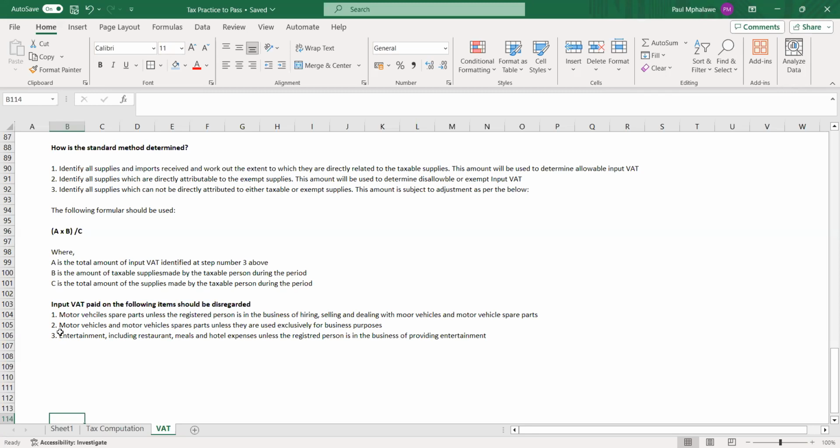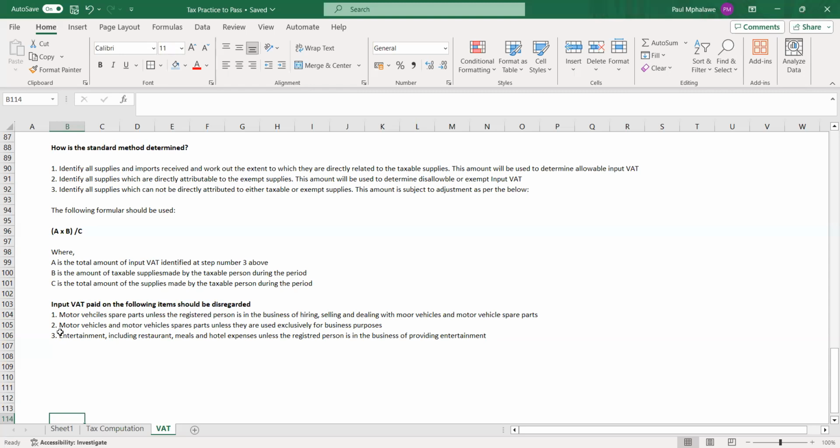Okay, so how do refunds of VAT work? In any month where a registered person's input VAT exceeds his output VAT, the excess is carried forward to the next month. If the excess continues for 3 months, the Commissioner General may refund the excess on application by the registered person on a form called ST11, and such refunds may be made after verification by the officer from the Malawi Revenue Authority.